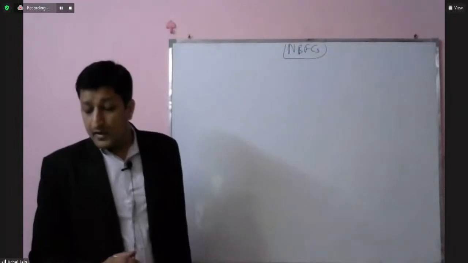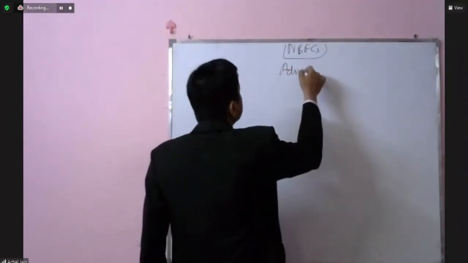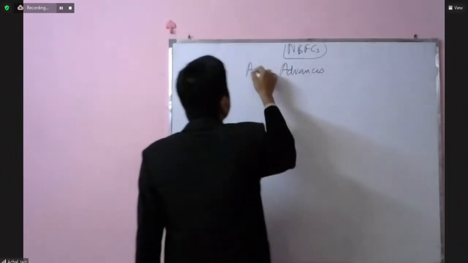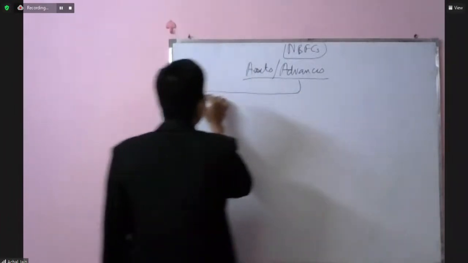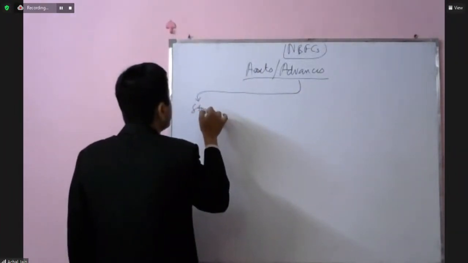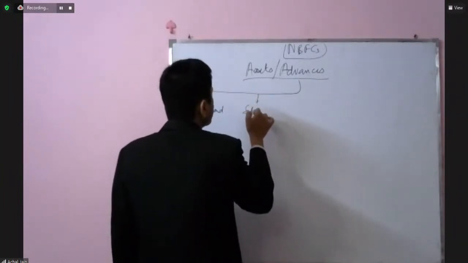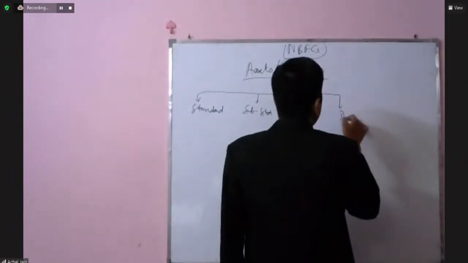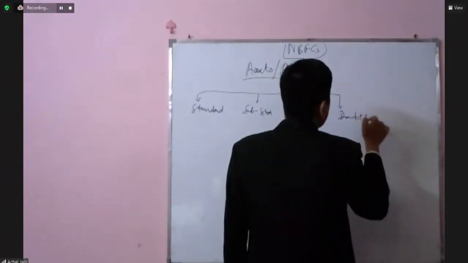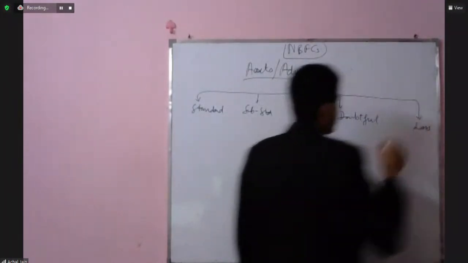So we have assets, or we can say the advances, categorized into standard, then substandard, then doubtful, and then loss assets.